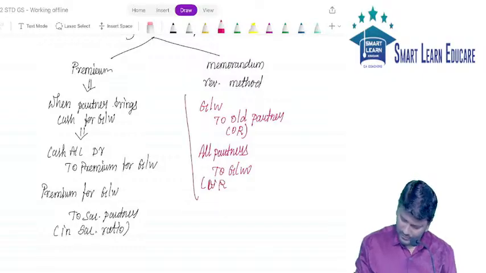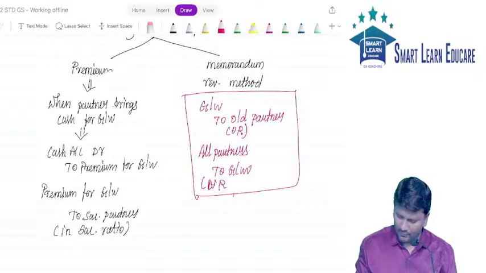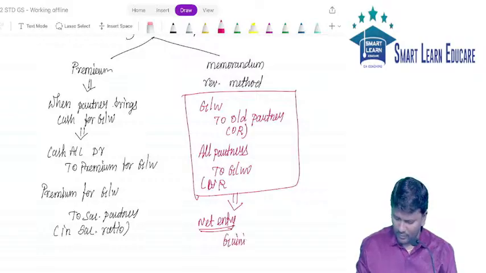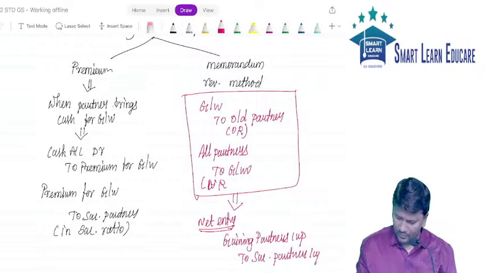But of these two entries, the net entry will be gaining partners' capital account debit to sacrificing partners' capital in the sacrificing ratio.